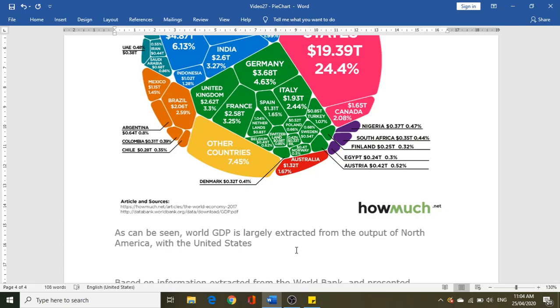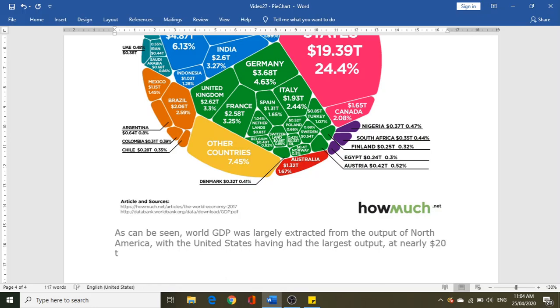Wait, we'll need to use the past tense for this. Having had the largest output at nearly 20 trillion, $20 trillion.